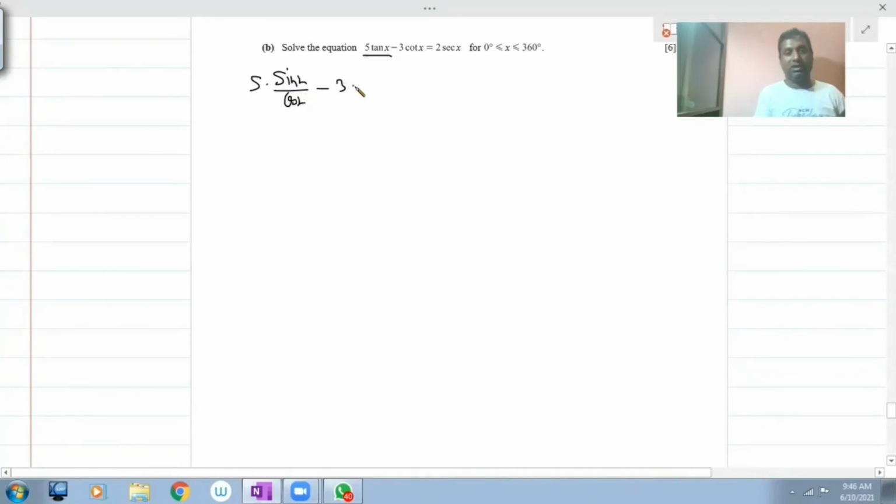cos x, cot x equals cos x by sin x, and sec x equals 1 by cos x. Now let us try for LCM, and let's see what is happening there.